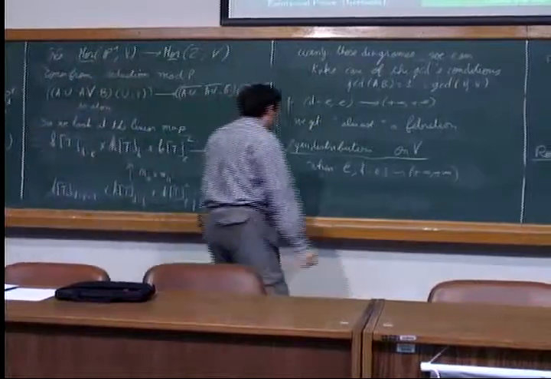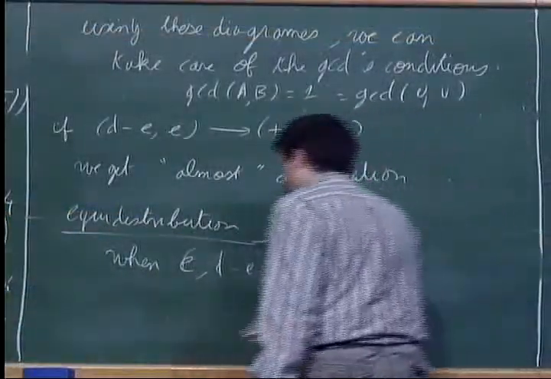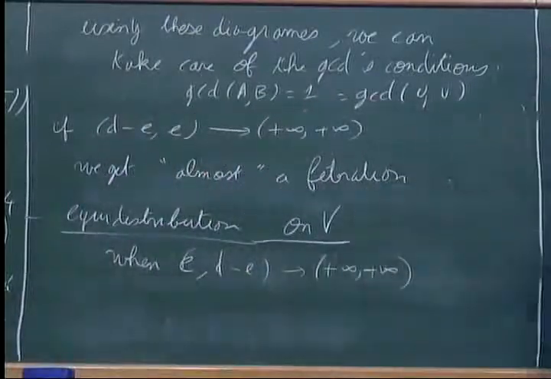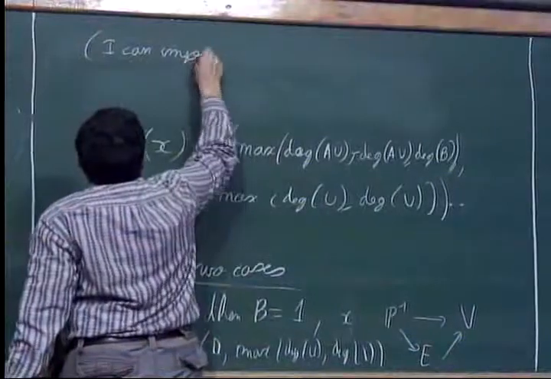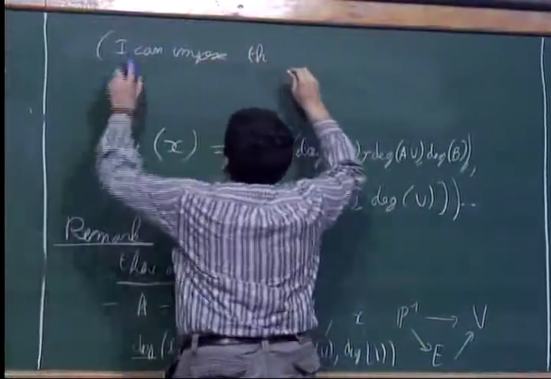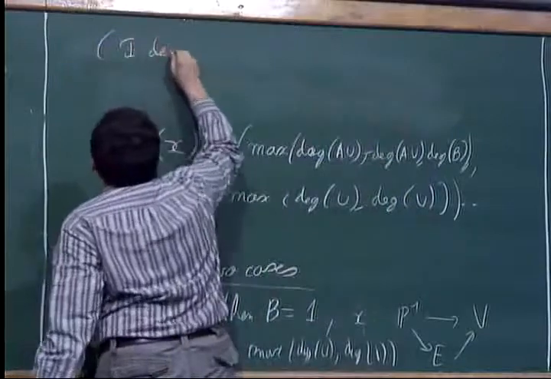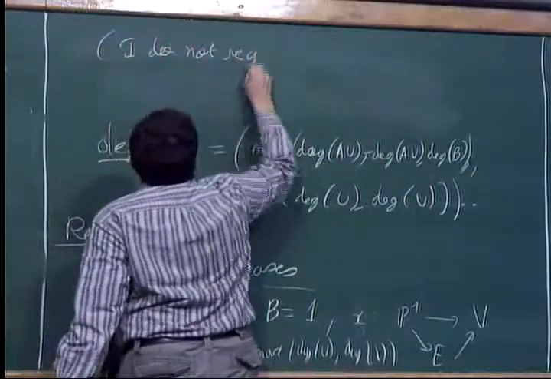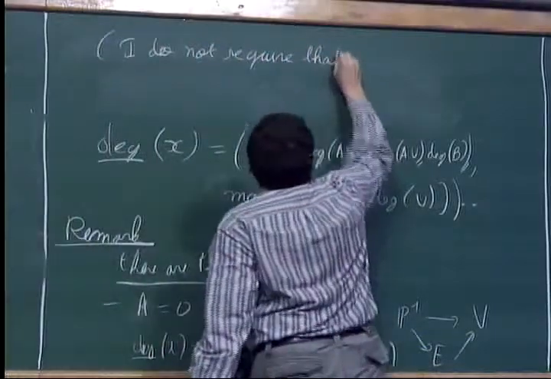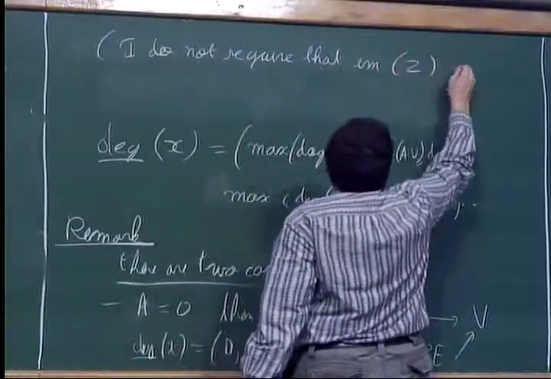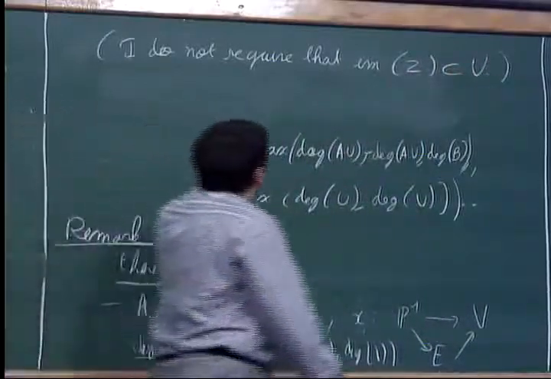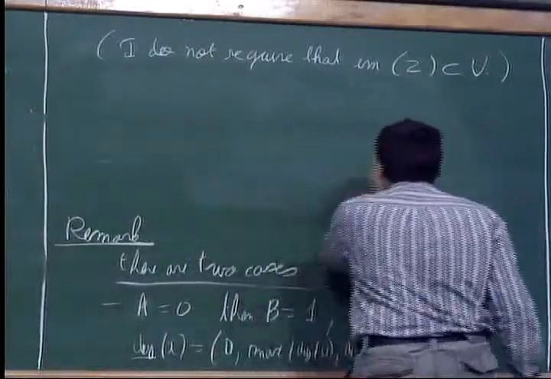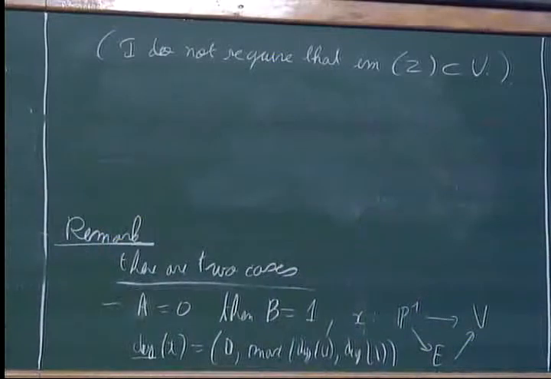Well, I do not require that the image of Z is contained in U. So this is something which is general, even for the arithmetic case.